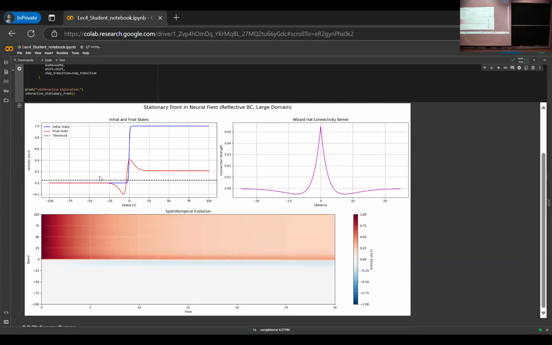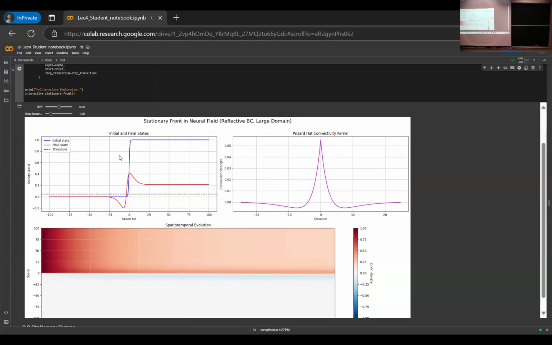The existence criteria is pretty straightforward, honestly. It has to do with the synaptic response function. In this case, we're using a Heaviside step function, and the existence criteria is that the neurons or the states that are inactive should fall to the left side of our activation function to remain inactive, and the ones that are already active should fall to the right side of it so that they remain active.